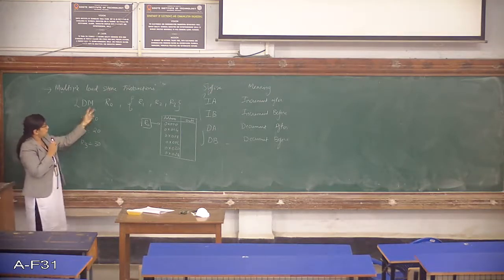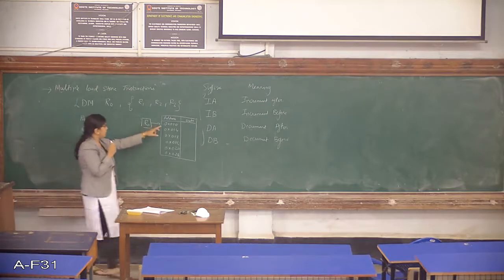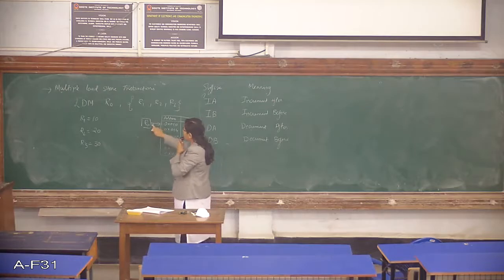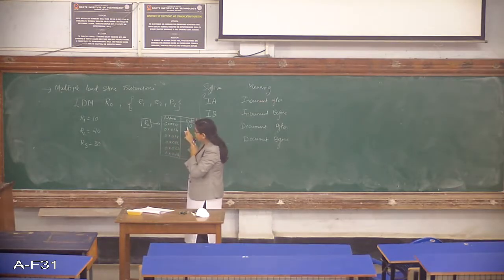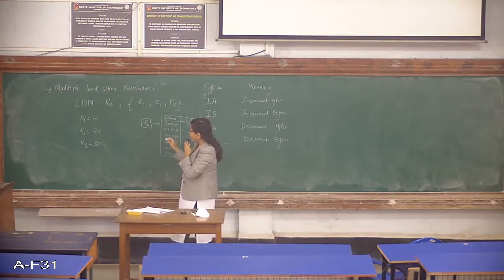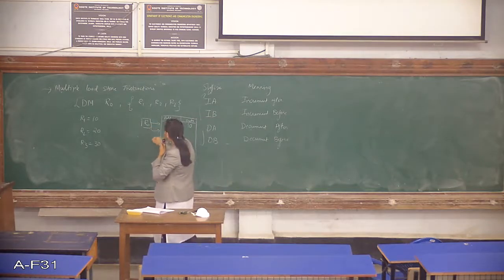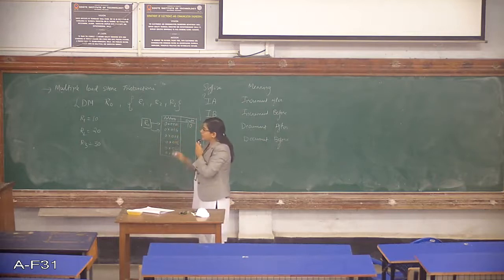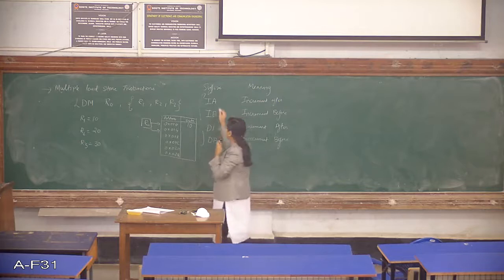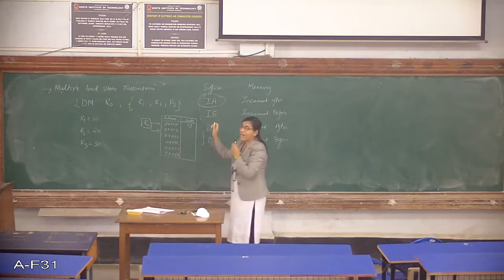So R0 is pointing here, and you'll be storing the data here as 10. After you have stored the data in this memory location, there is an auto-incrementation of R0. When I write LDM without any suffix, it is by default increment after.